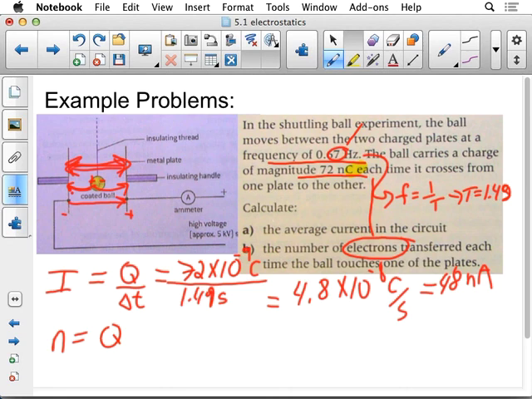What I might also say, because I already started writing it this way, looking at it in a different direction, is that the total number of charges equals the total amount of charge divided by the charge per electron, right?